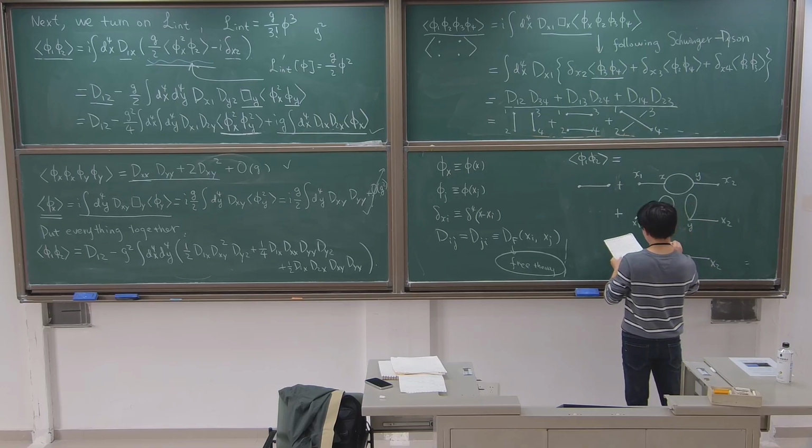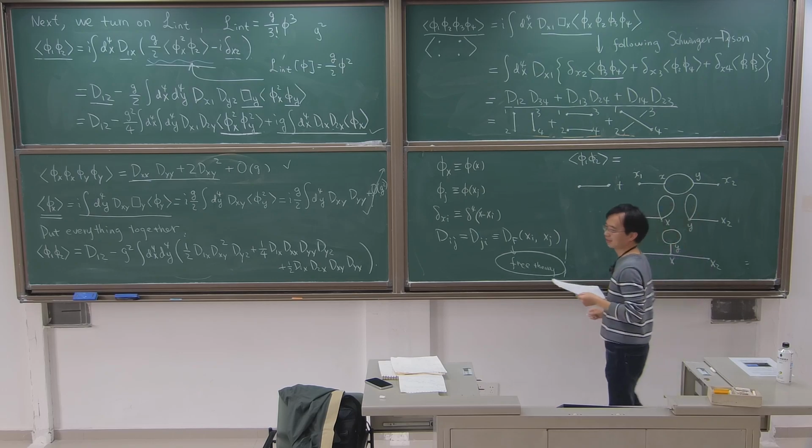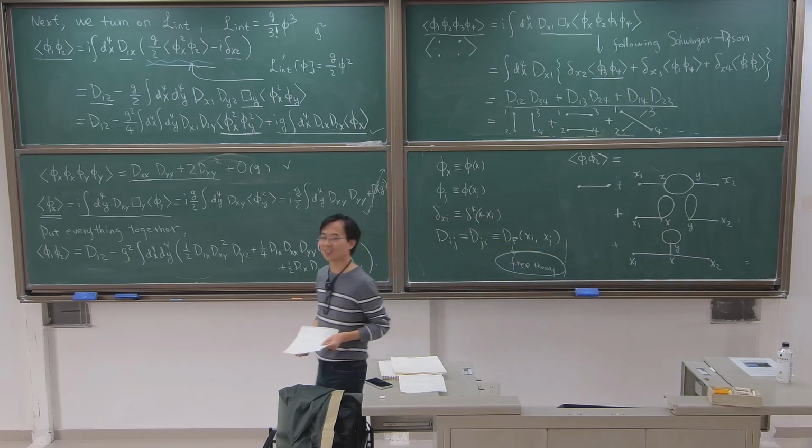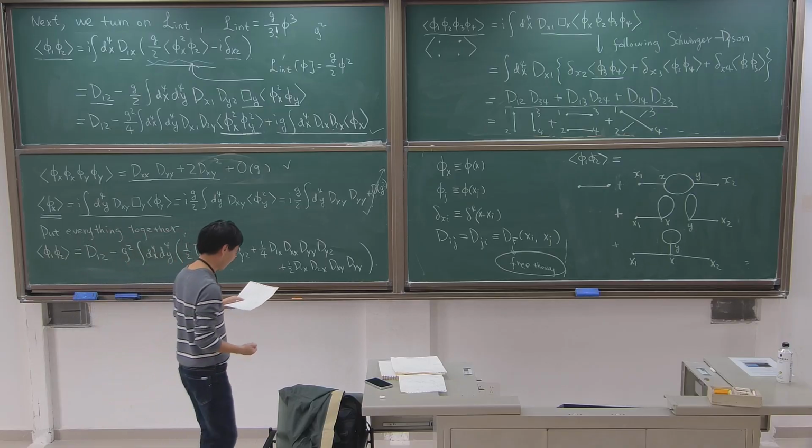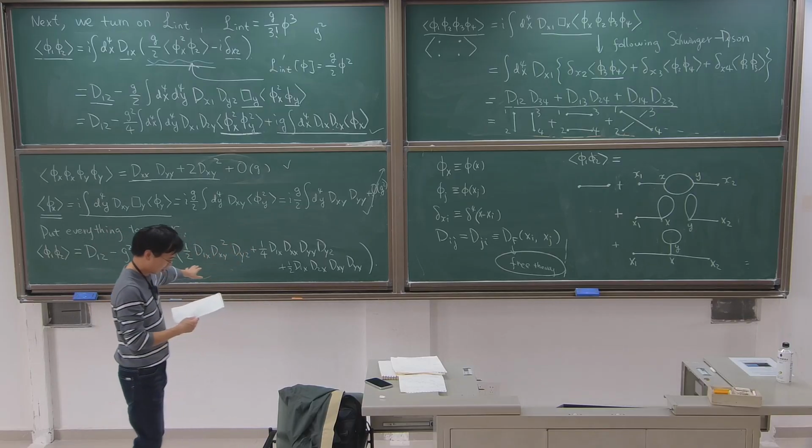But now it emerges with a bubble, and this point is y. You can realize that this is really an intrinsic picture corresponding to the formula here.